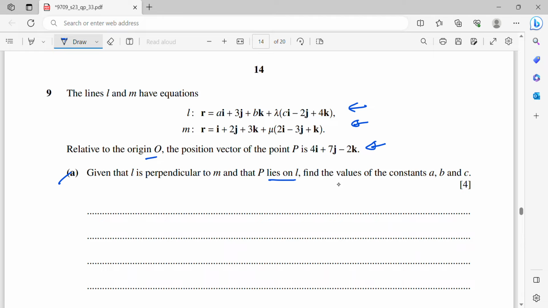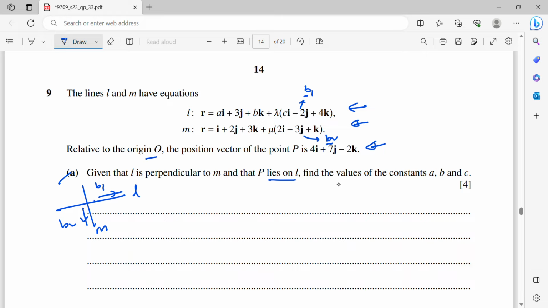Okay, so now L is perpendicular to M. Let's say this is L, this is M. So for L you have b1, so this is your b1. For M you have b2, and here is your direction vector b2.